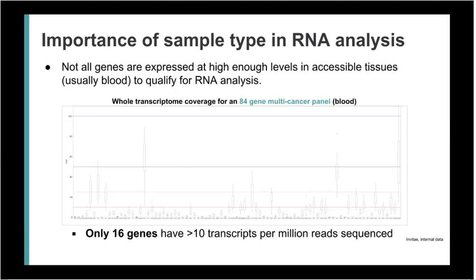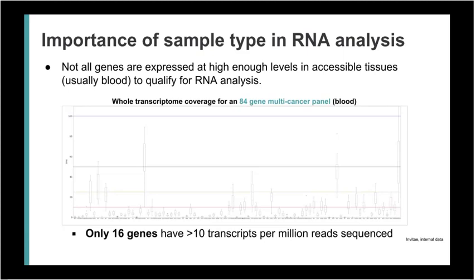And part of that has to do with the whole sample type complexity and RNA complexity that I referred to earlier. Not all tissues express or splice genes in the same way. Here's just one experiment that demonstrates that. Here we performed whole transcriptome analysis, so sequencing of all of the cDNA that was isolated from the RNA of the cells, on a set of blood samples looking at the expression of 84 genes that comprise a multi-cancer panel.